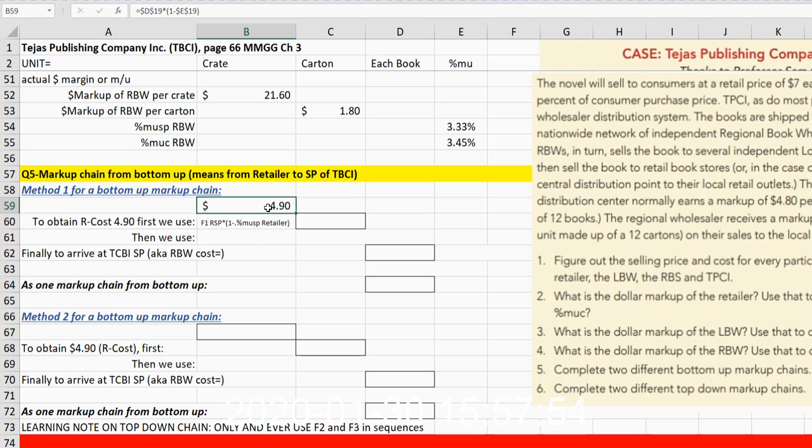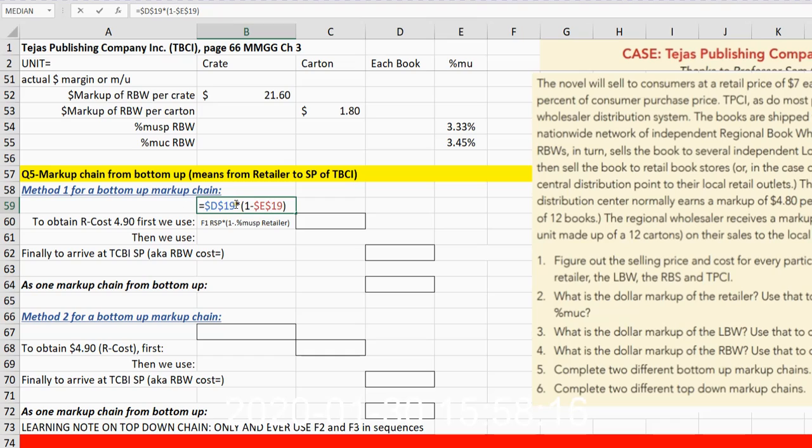So we know that the cost for the retailer turns out to be $4.90, but that also means it's the selling price for the local wholesaler. Let's double click this cell so we can see the address. Notice I've used dollar signs so that I have fixed the cell location.